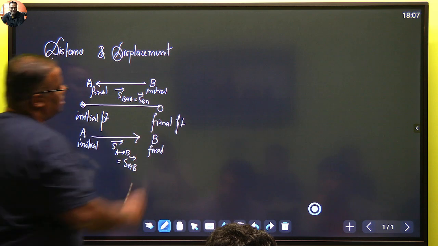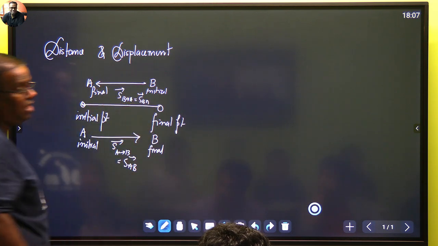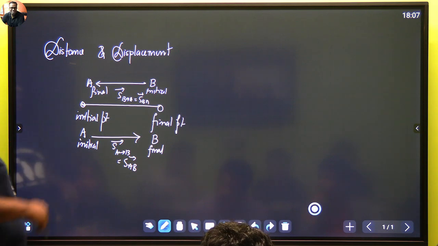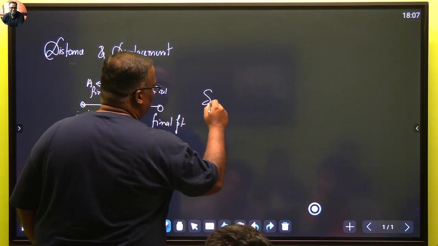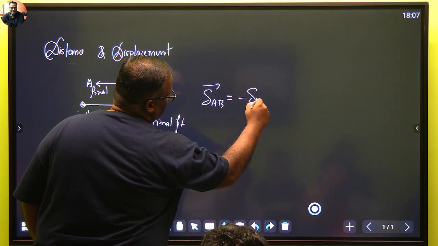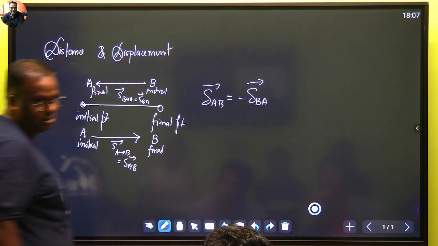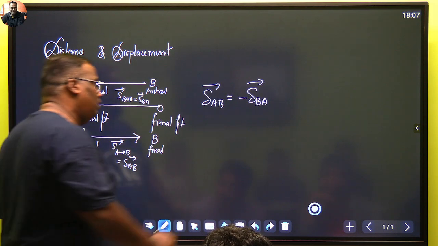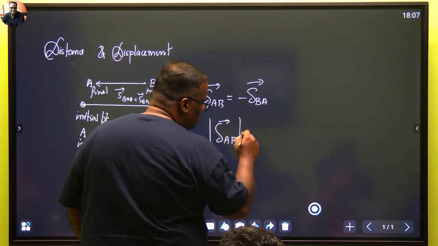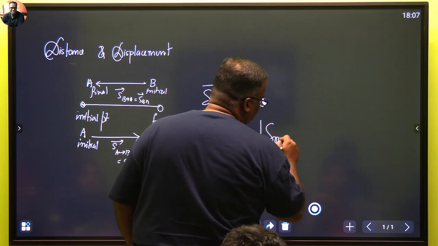This is the displacement from the initial point B to A as measured from B towards A, the shortest straight line. Can you equate these two? Oh, why not, sir? SAB as a vector is negative of SBA as a vector. They're negative. However, the magnitude of SAB is equal to the magnitude of SBA.